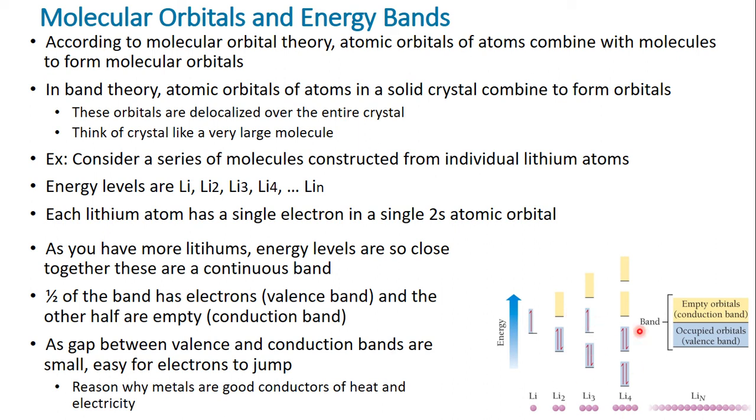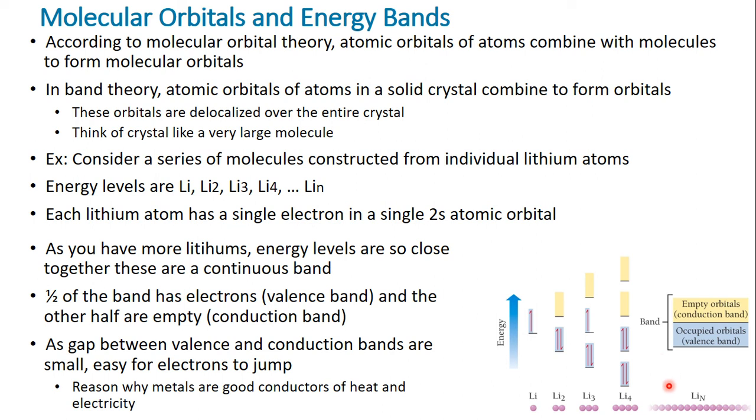Four lithiums, four energy levels, four electrons in the lowest two, nothing in the highest. As you add more and more lithiums, you add an energy level every time, and you'll have energy levels which are occupied and not occupied. We call the occupied orbitals the valence band, and the empty orbitals the conduction band.